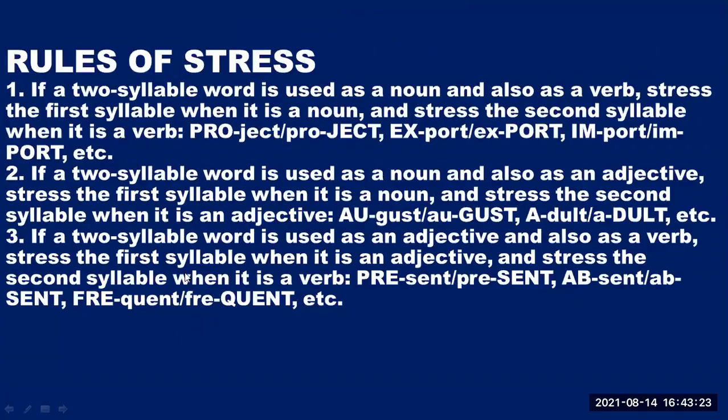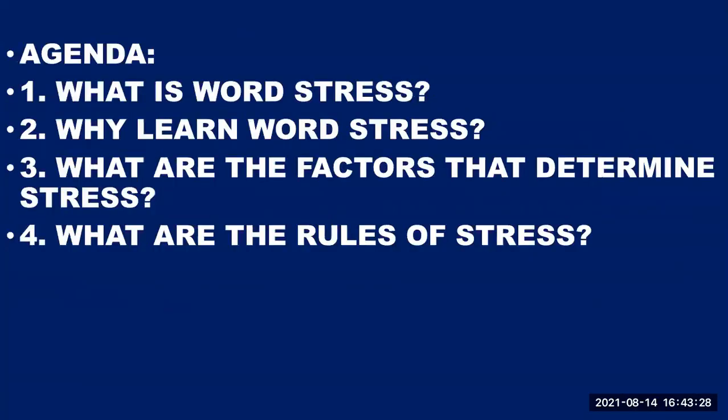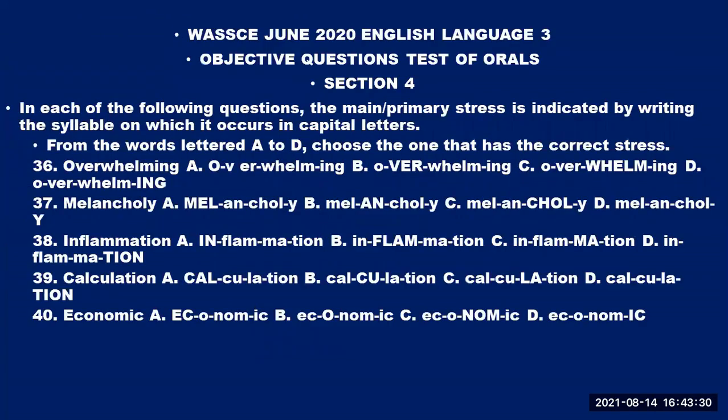Now, having looked at all these rules and other pieces of information that can help us to answer questions, let's now look at these few questions taken from section 4 of the West African Senior School Certificate Examination of June 2020, objective question, test of orals. Now, the instruction here is as follows.